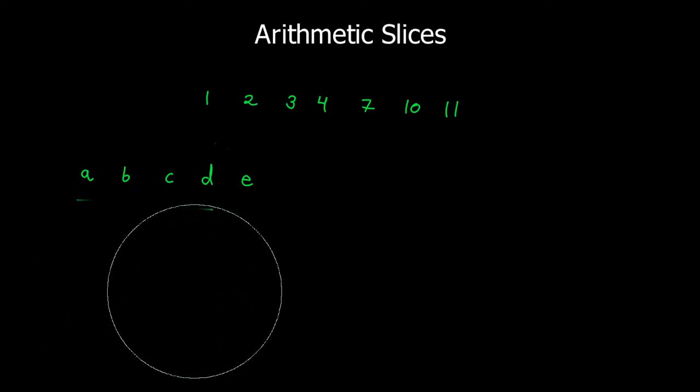So now if I know that I have a sequence whose difference of any two consecutive elements is equal to the difference of any other two consecutive elements, in that case I can simulate this process, and by formula I can calculate how many valid slices there are. So when the slice length is 3, it can start from the first element and it can move up to at most C.